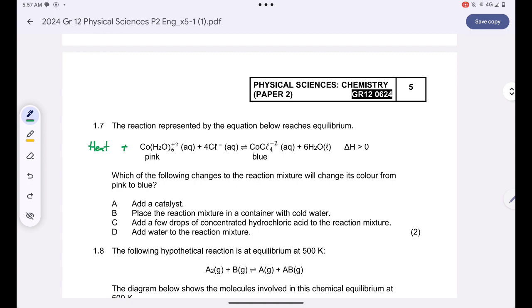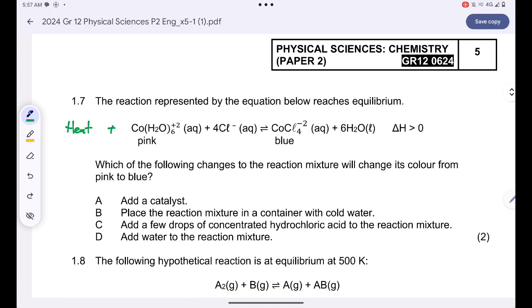Whatever change should happen, it should favor the forward reaction. If we add a catalyst, no reaction is going to be favored, but the rate of the forward reaction will increase, and so will the rate of the reverse reaction. So adding a catalyst will not help us.